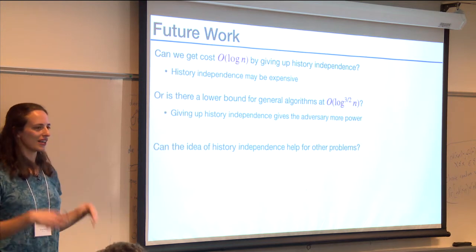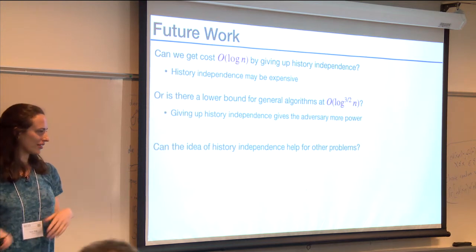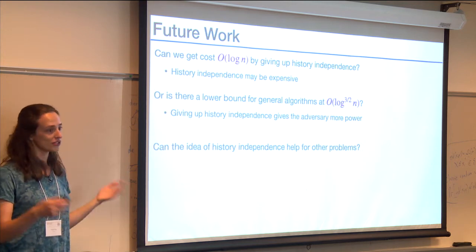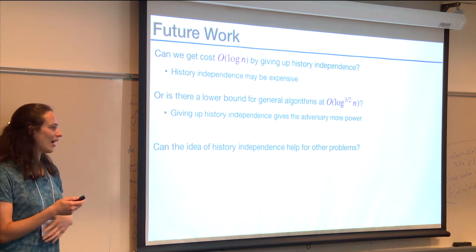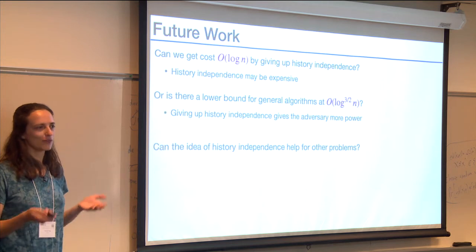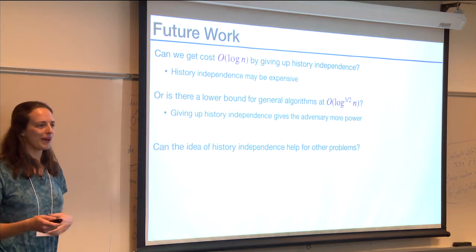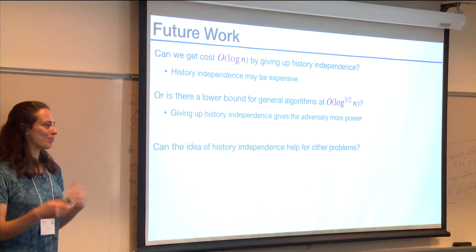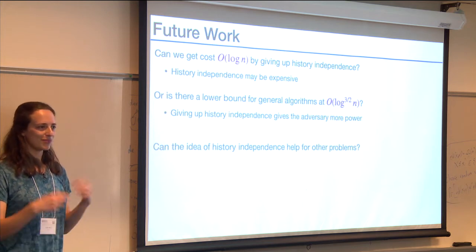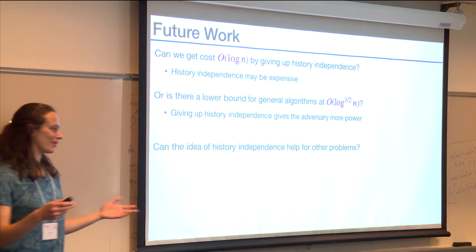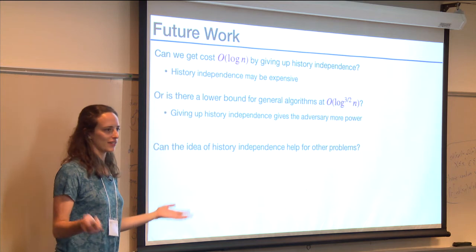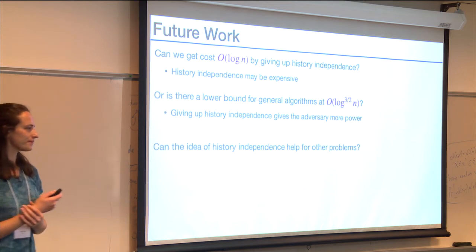We used history independence to get a faster algorithm. Can it be used for other problems to also get a faster algorithm? And also, can we get lower bounds for problems that seem difficult to get general lower bounds for, specifically for history independent algorithms?